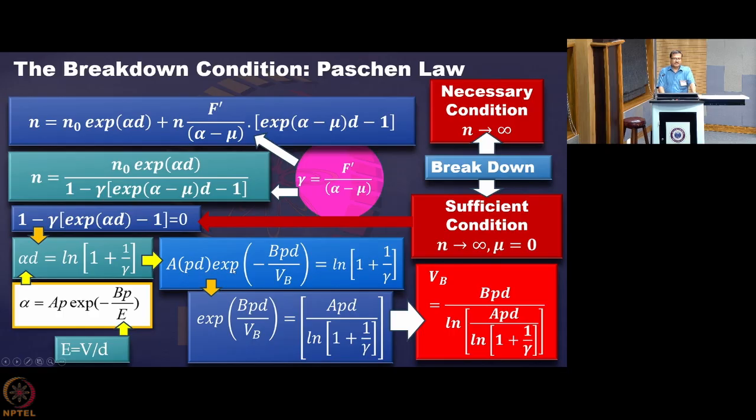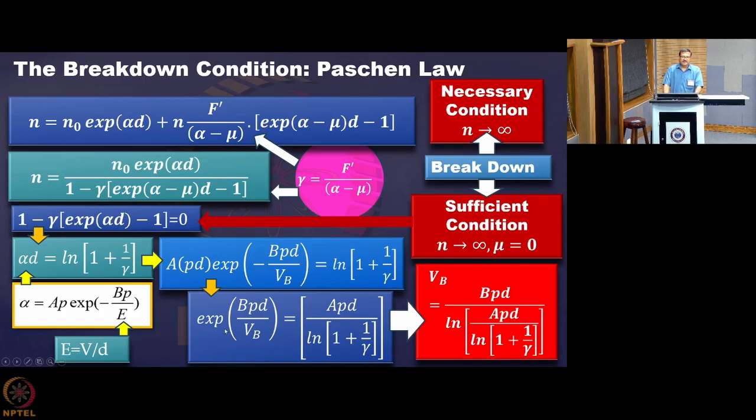So APd exponential minus BPd by VB, because we are replacing this E with VB by d. So that is the standard form for the electric field. So we are just putting that, and that is coming as log of 1 plus 1 by gamma. So exponential BPd by VB, you can change the sides, and you can easily find out that it is APd divided by log of 1 plus 1 by gamma.